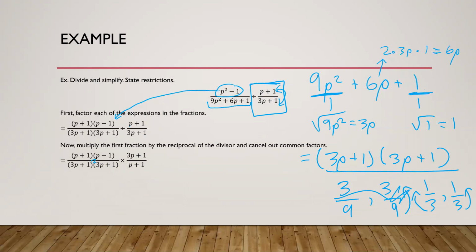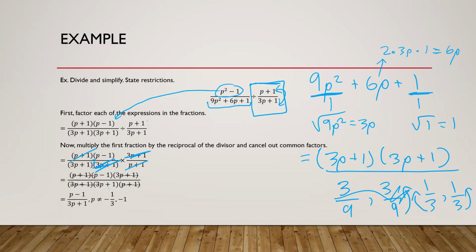So instead of dividing by p plus 1 over 3p plus 1, I can rewrite it as multiplied by 3p plus 1 over p plus 1. And then I realize I can cancel this out, and p plus 1 and p plus 1 also cancel out. Then I'm left with something really easy: p minus 1 as the only factor in the numerator, and 3p plus 1 as the only factor in the denominator. And then that's it.